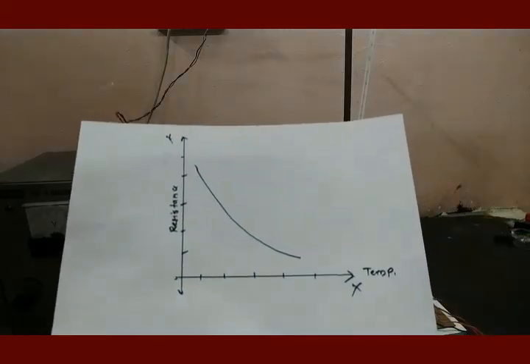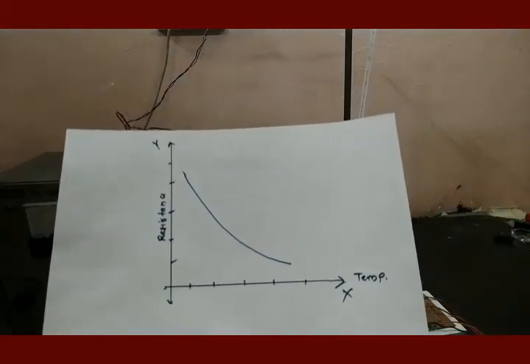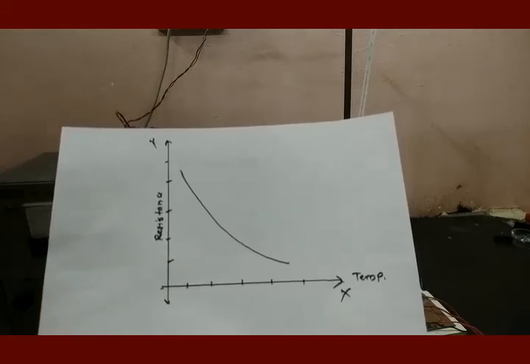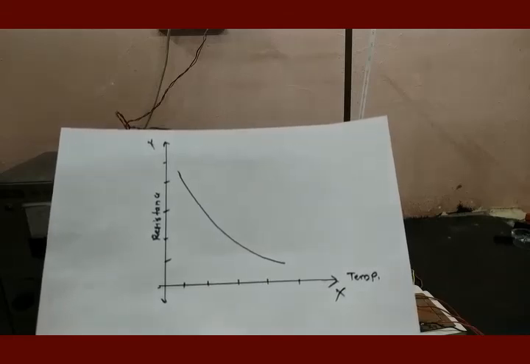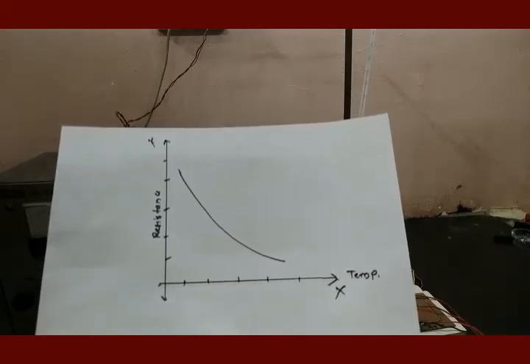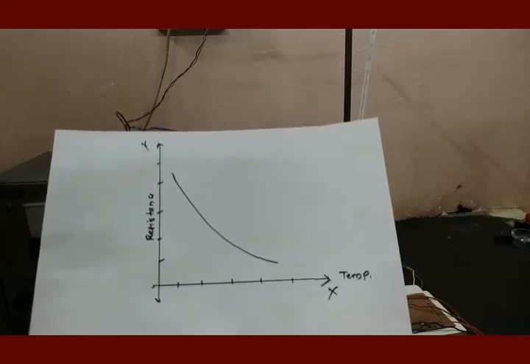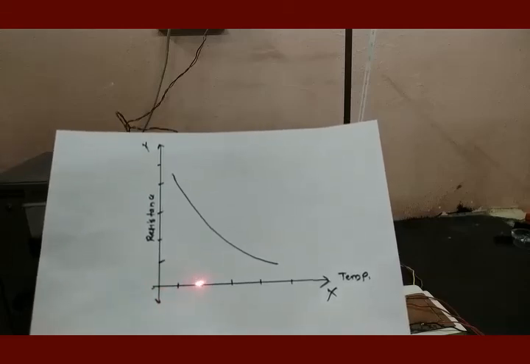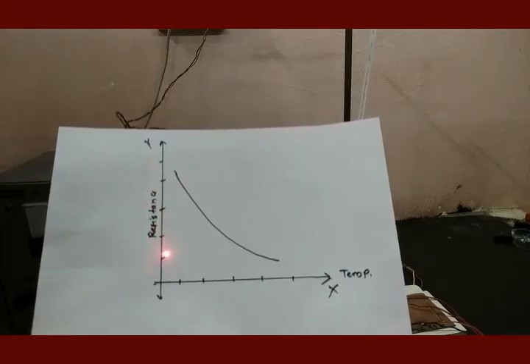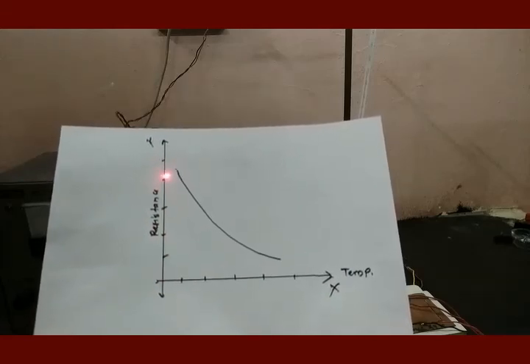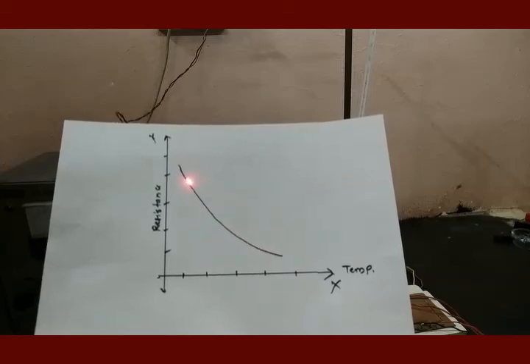As the thermistor under consideration in our experiment is of NTC type, it has a negative temperature coefficient of resistance, meaning that as you raise the temperature, the resistance is decreasing continuously, which is shown by this graph.